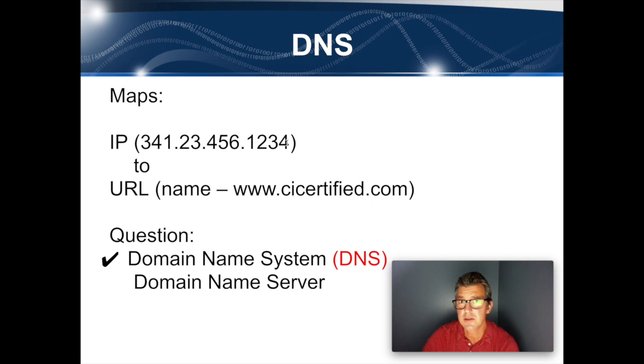Your internet service provider, your ISP, like AT&T or Comcast or whoever you're using, they typically have a computer called a domain name server, and when you access the internet using that service that you're using, the internet service provider, the ISP, they'll access their domain name server.